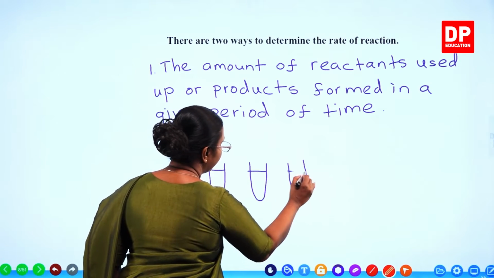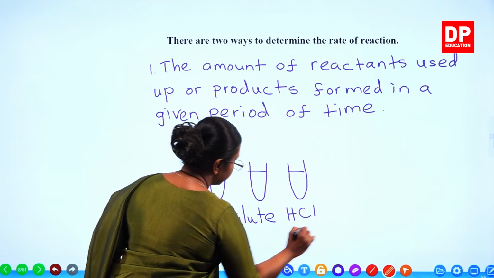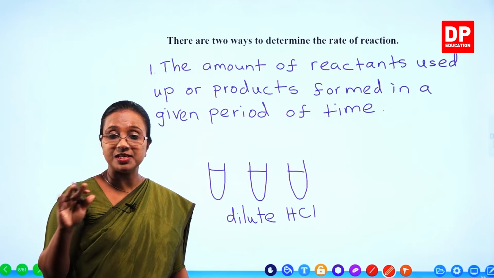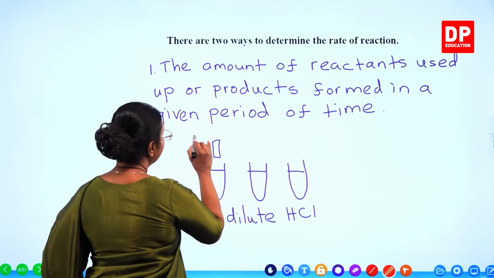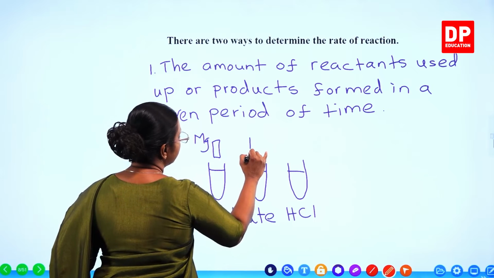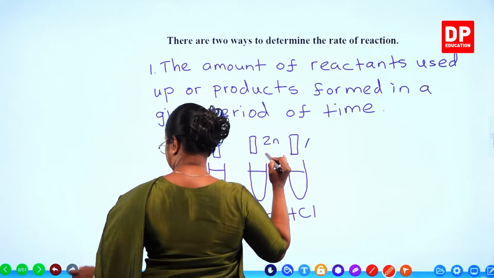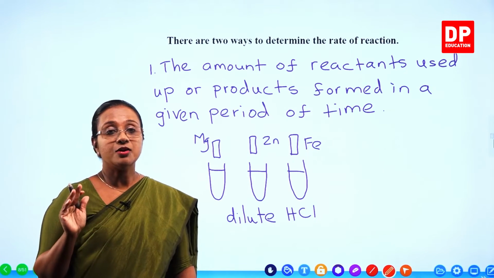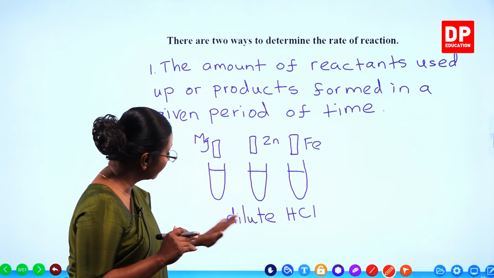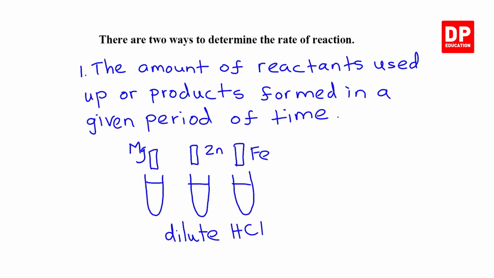Into that we have dilute hydrochloric acid, all equal volume, the same solution is taken, and into this one we put a piece of magnesium, to this one we put a piece of zinc, and to this one we put a piece of iron. The metals are different. Now you know all these 3 metals will react with dilute hydrochloric acid. We have seen magnesium and zinc are fast reactions. Iron is a slow reaction.